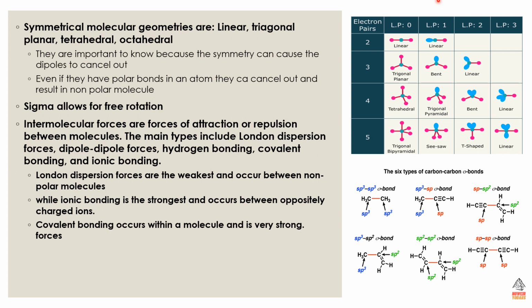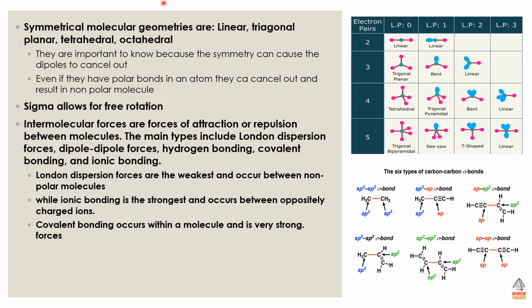Next, we have hydrogen bonding, which happens between a hydrogen atom and highly electronegative atoms like oxygen, nitrogen, and fluorine. These are the most common and the strongest, because they're very electronegative.